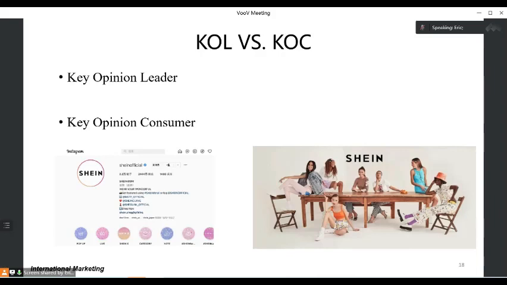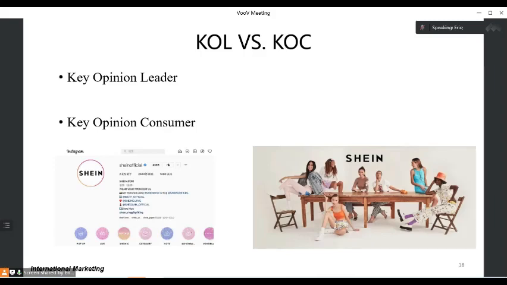You have some special tactics and expert skill about the material of Lululemon, so you have a lot of followers, and you are a key opinion consumer too.